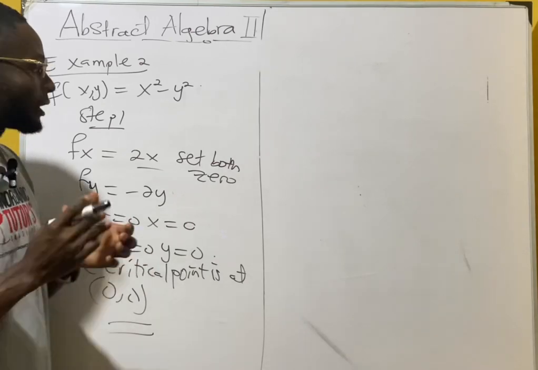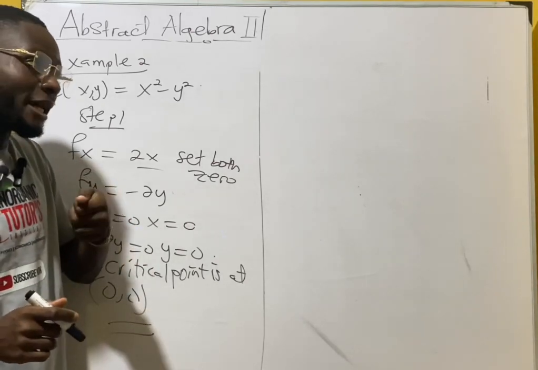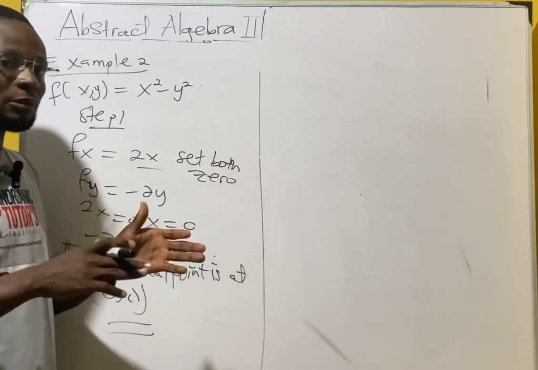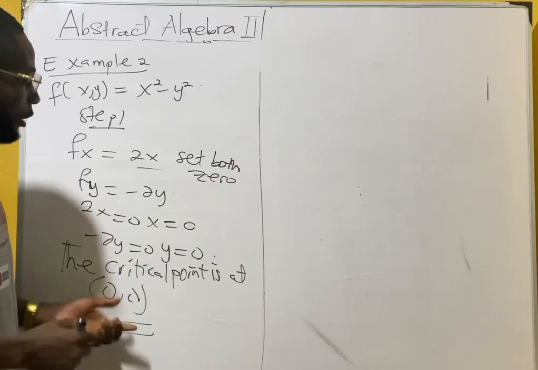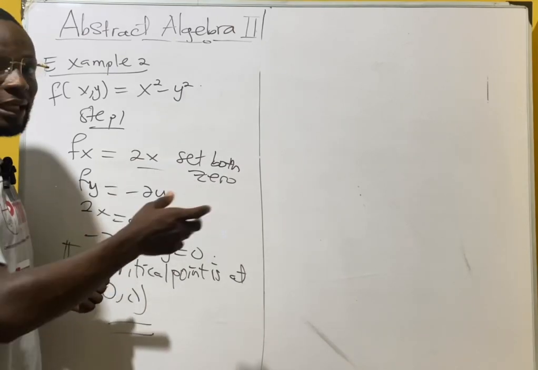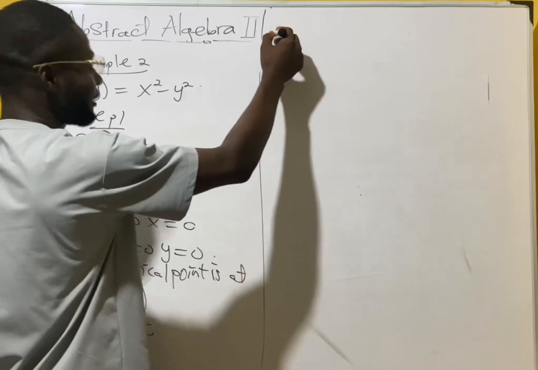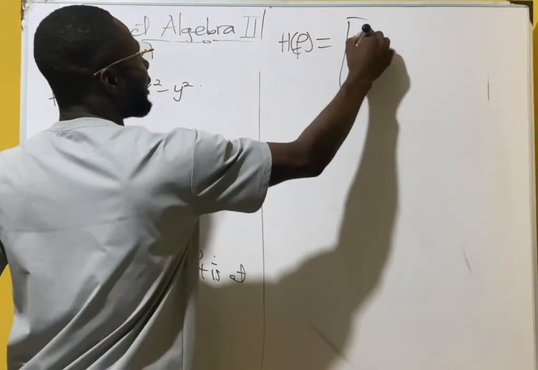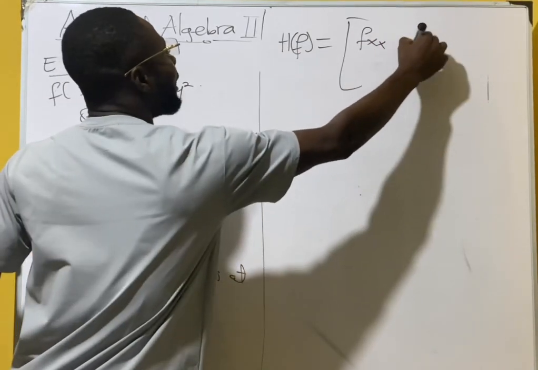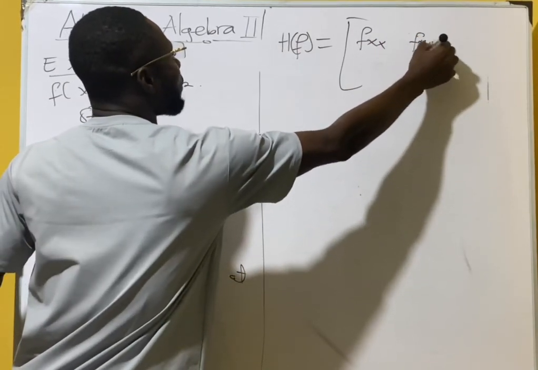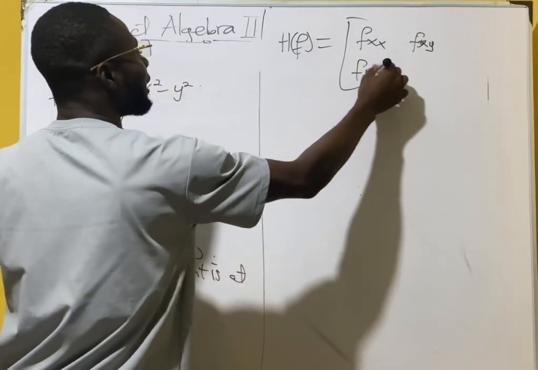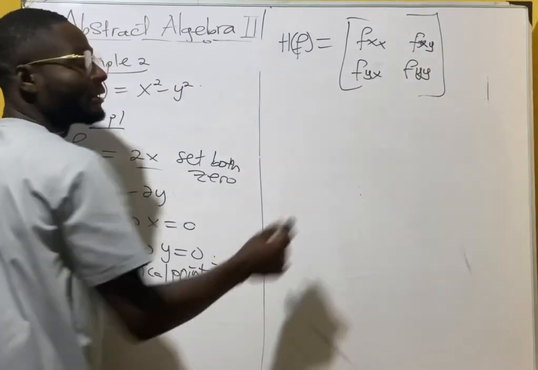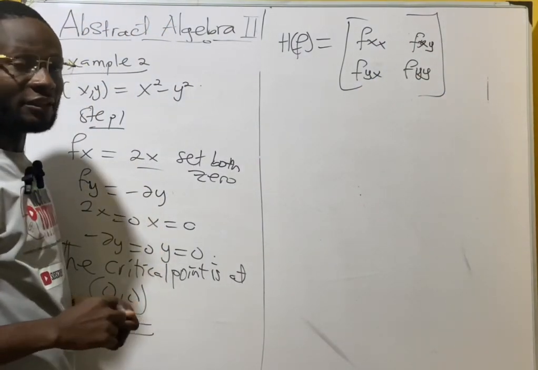Once we know the critical point, we want to know whether it is a minimum, maximum, or saddle point. Before we can do that, we have to determine the Hessian matrix. The Hessian matrix is fxx, fxy, fyx and fyy, so we have to determine the second-order partial derivatives.